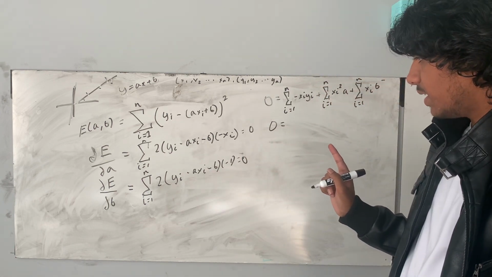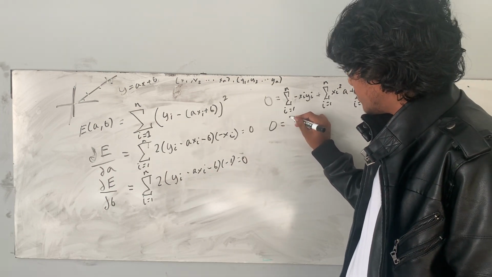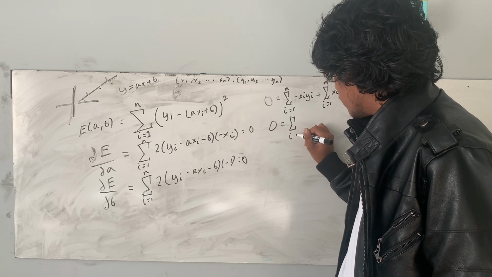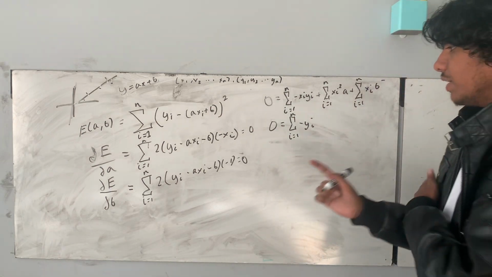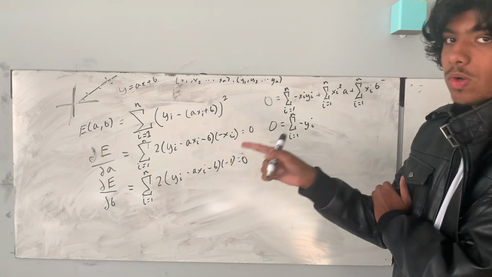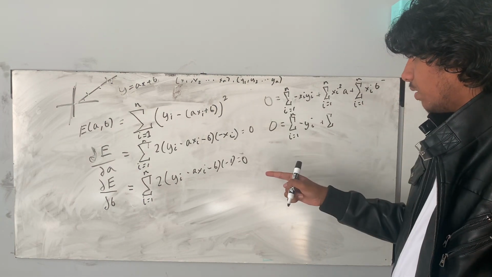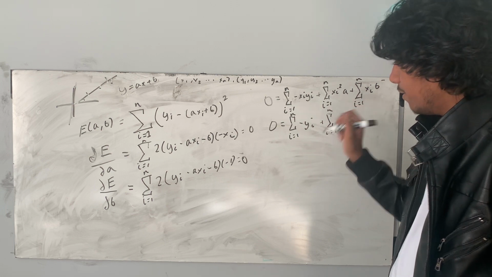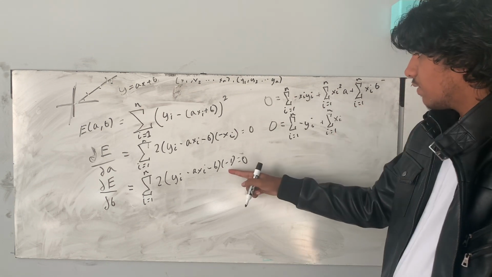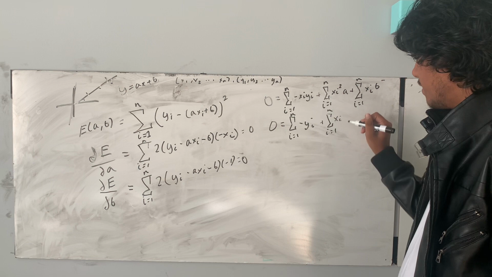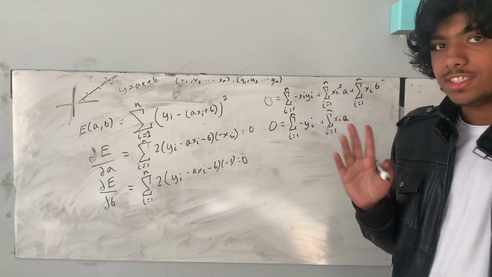The 2 goes away, so let's multiply it again. Negative 1 times yi is going to be the sum of i from 1 to n of negative yi. Then we're going to have plus the sum of i from 1 to n of xi, and the a is just there. Remember, a is the variable. Xi, yi, these sums are just constants.